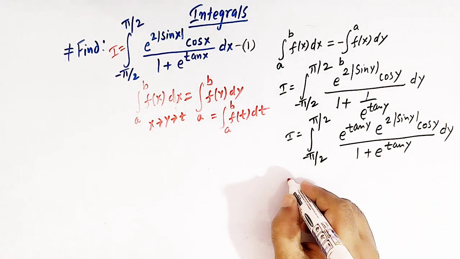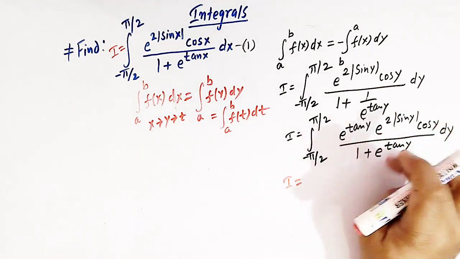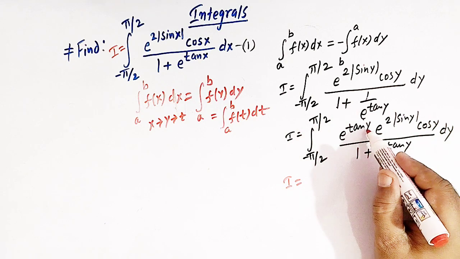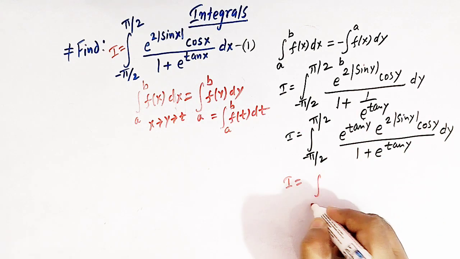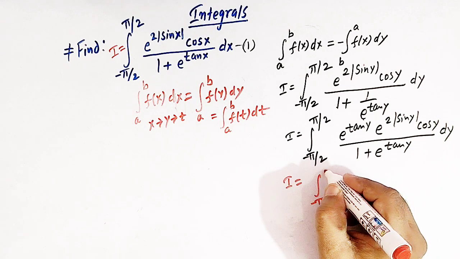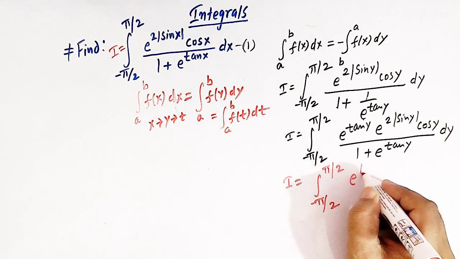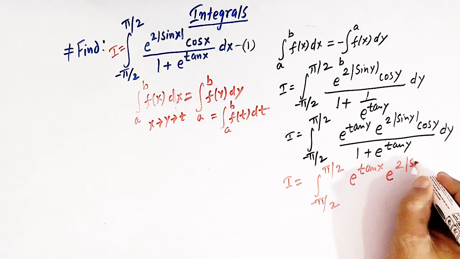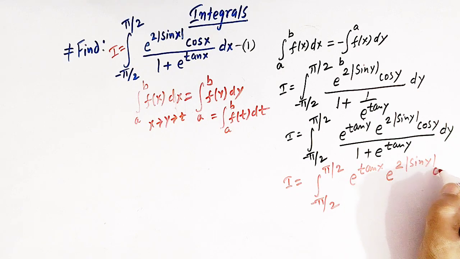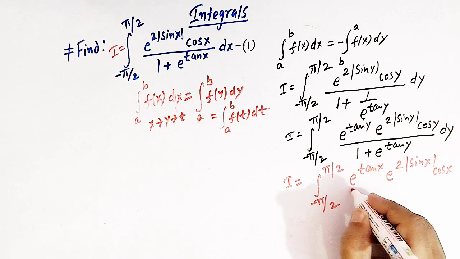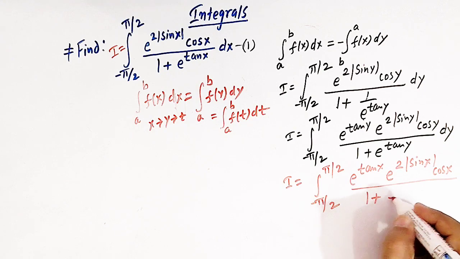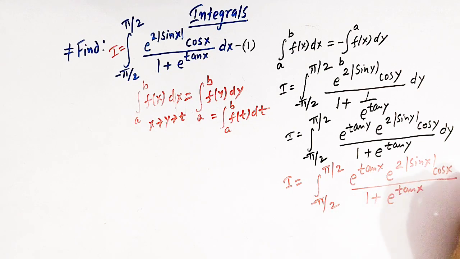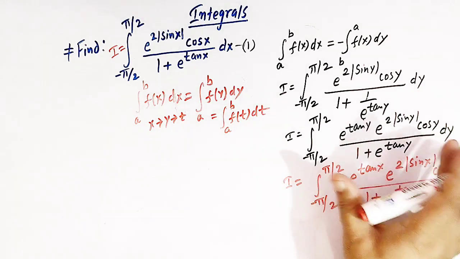So this integral I can now be written in terms of x. If we replace y by x, we get the integral from minus pi by 2 to pi by 2 of e raised to tan x, then e raised to 2 times mod of sine x, and cos x, in the denominator 1 plus e raised to tan x, dx.